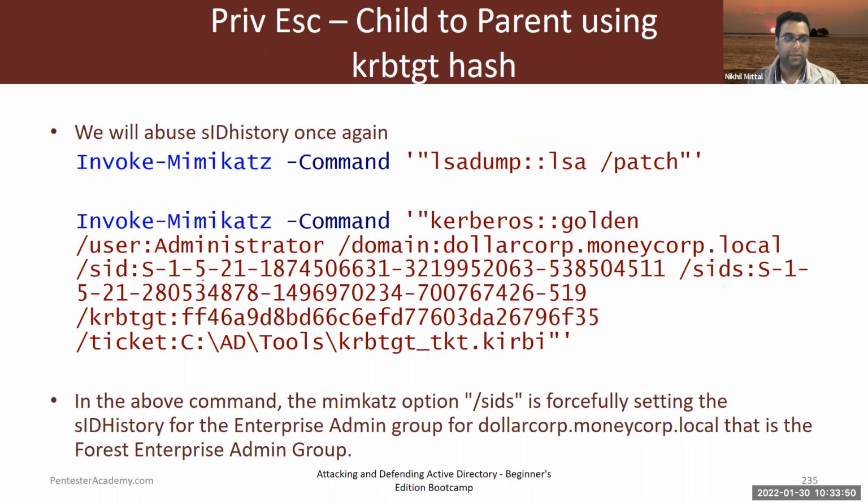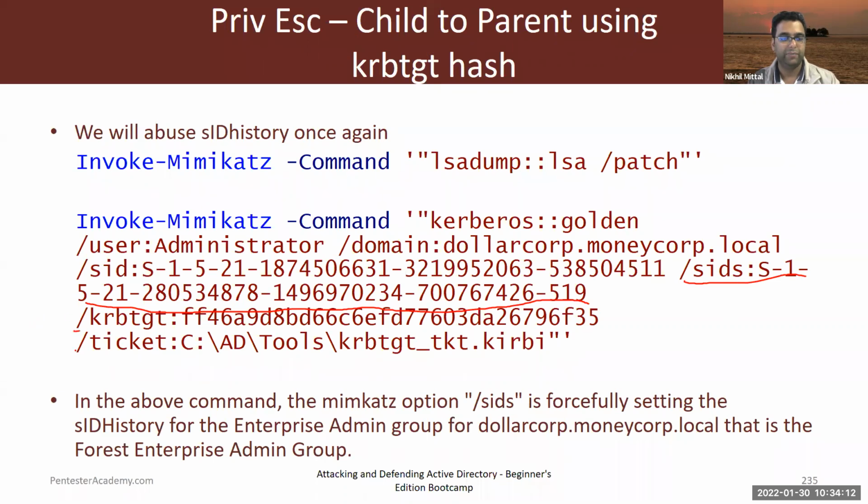If you look at this command and compare it to your golden ticket command, the only difference between this one and your golden ticket command is the SID history of your enterprise admins. That's it. Absolutely every other thing is exactly the same.